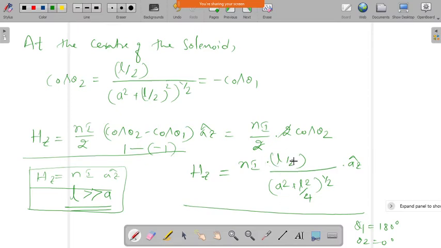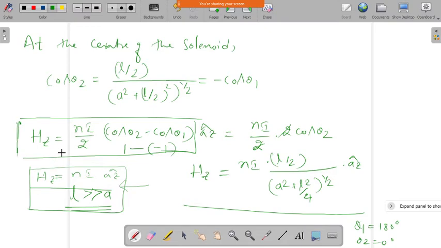This is the expression for L far greater than a, or extended to infinite length, and we use it at any point of the solenoid to calculate the magnetic field intensity.